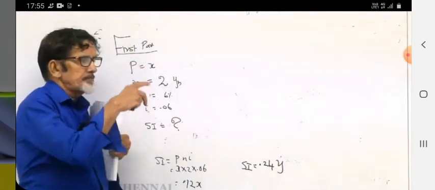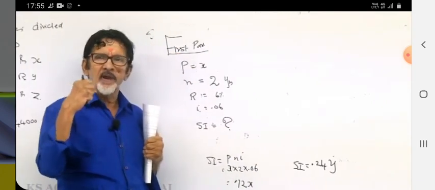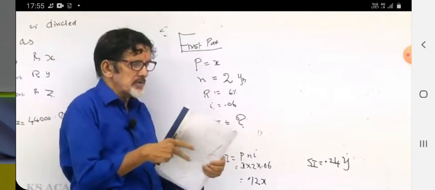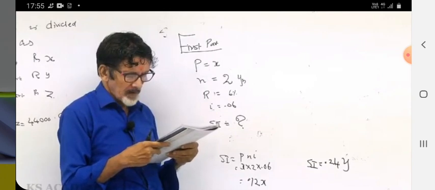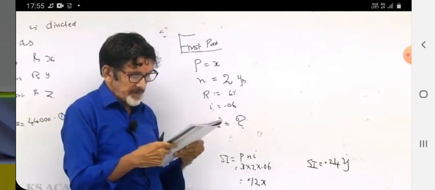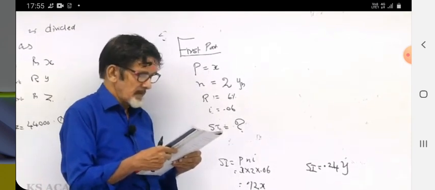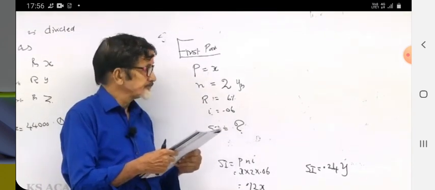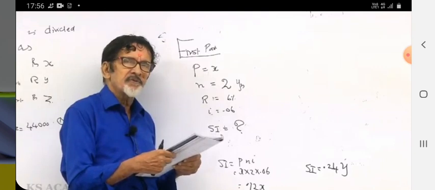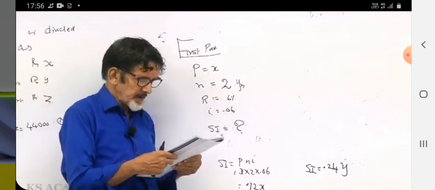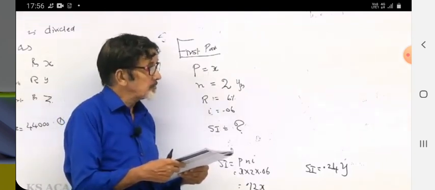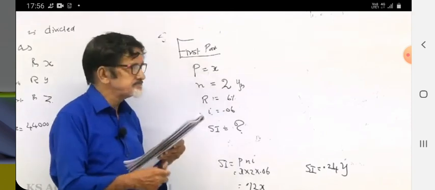Second part: P is Y, N value 3 years, R is 8%, I is 0.08, 8 into 3 is 24, so 0.24Y.